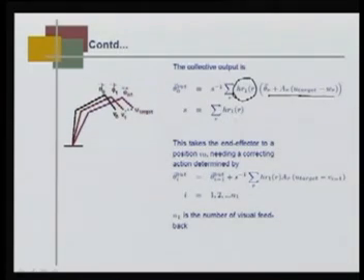This is my distance function or neighborhood function, and for this neighborhood function the maximum value is 1 and all other values are less than 1.